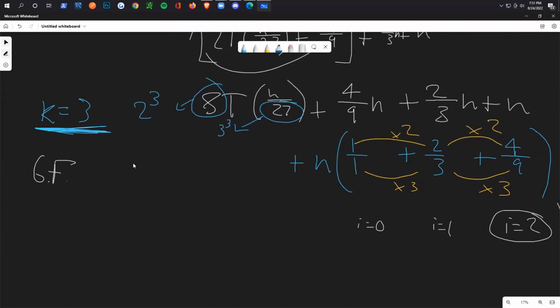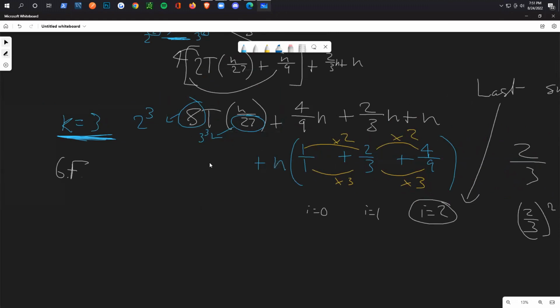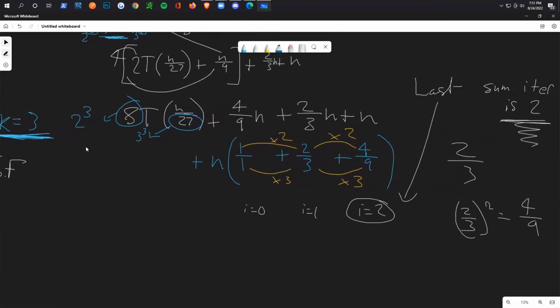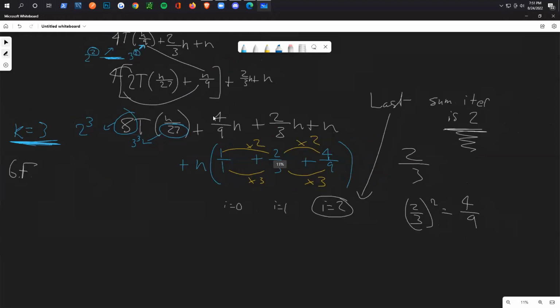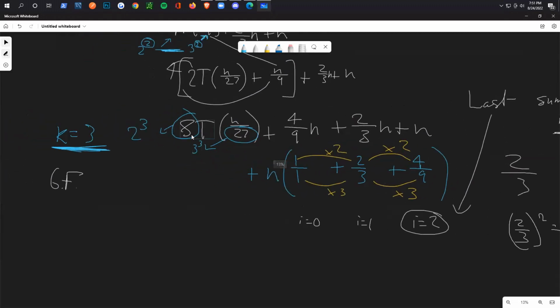And the reason why we needed to evaluate these numbers is because that's going to tell us what the summation is going to be going up until. I'll explain that in a second. So we know that these variables are changing based on an arbitrary number k. So this is going to be 2 to the k times t n over 3 to the k.